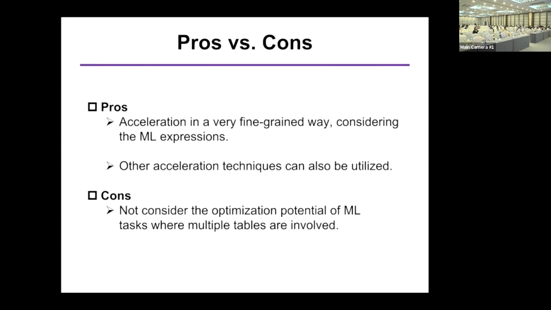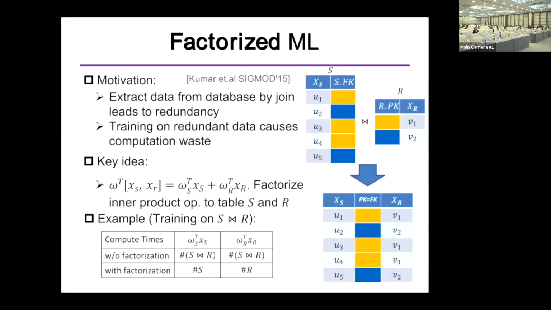So let's talk about factorized machine learning. It considers multiple tables: how to join them, and how to run the machine learning algorithm without joining the tables. In the machine learning community, people always assume that input data are stored in a single table.